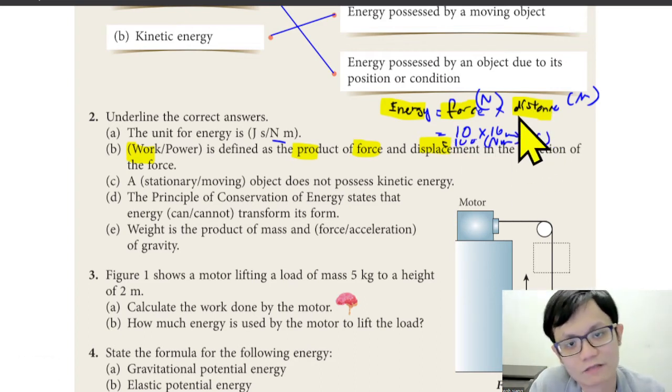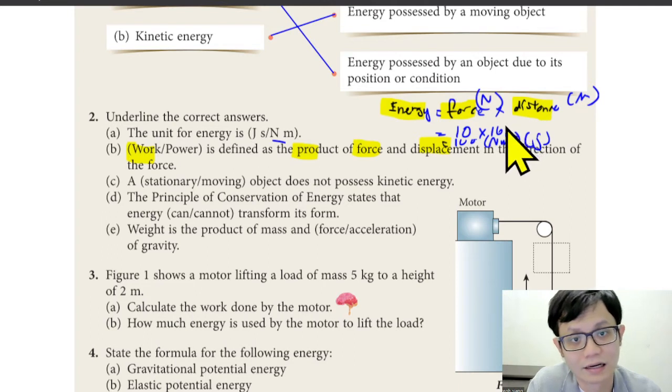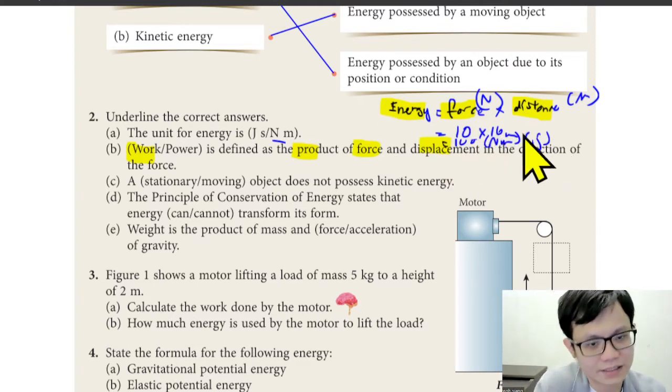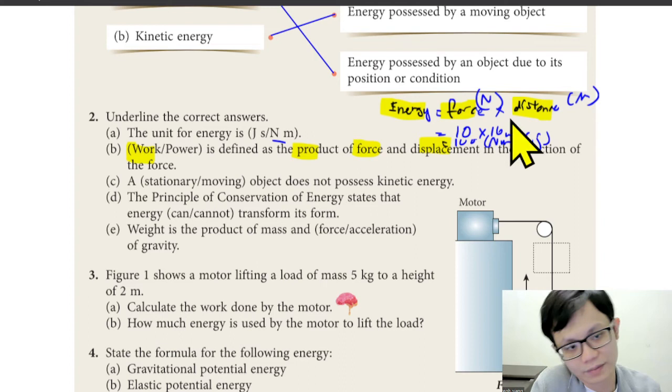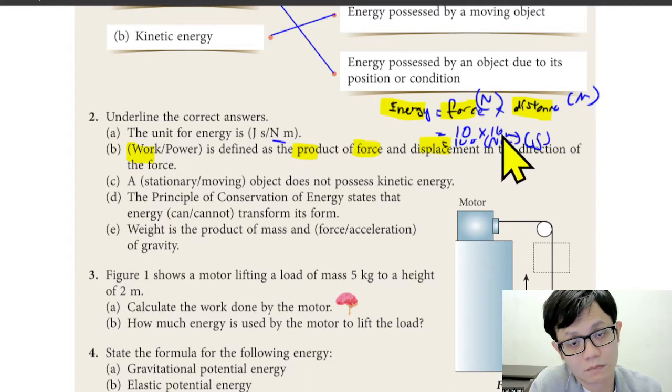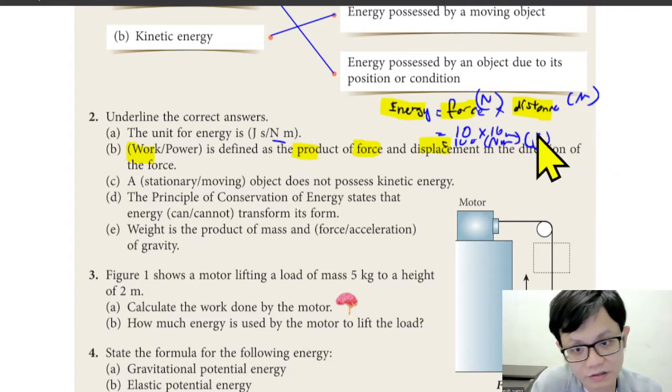You know the difference between displacement and distance? If you don't know, you can ask your math teacher or just Google it. But for science, it doesn't really matter, because you still get the same answer.